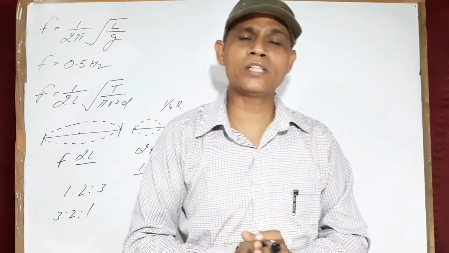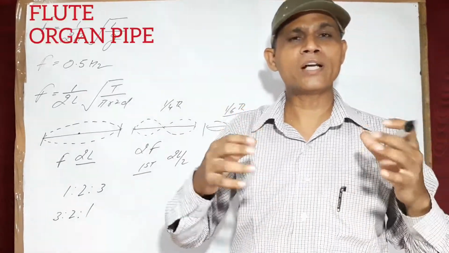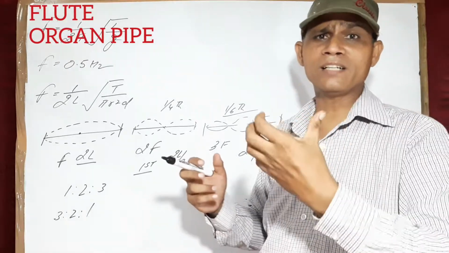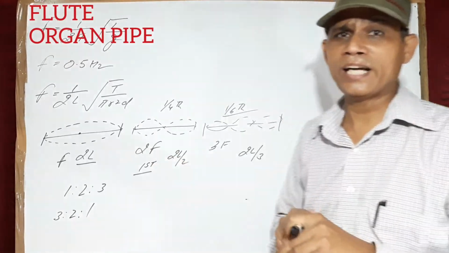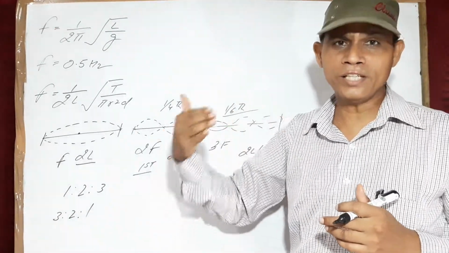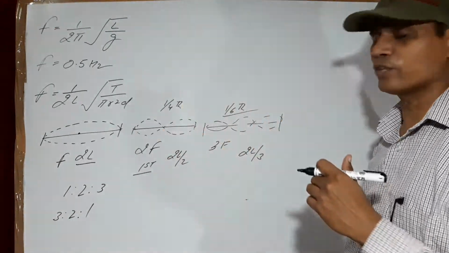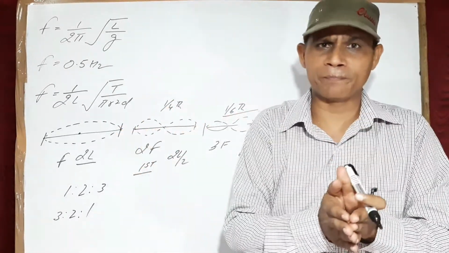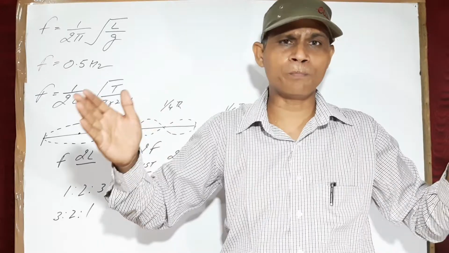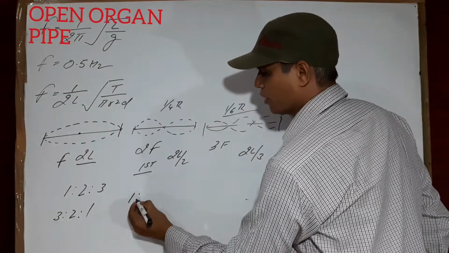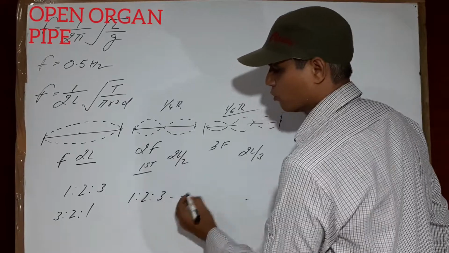Next example of free oscillation is when you are having a flute and you just vibrate the air column inside that flute. In that case also air vibrates with the free oscillation. And suppose you are having an organ pipe which is open from both sides, in that case the ratio of the frequencies will be 1:2:3 and so on.